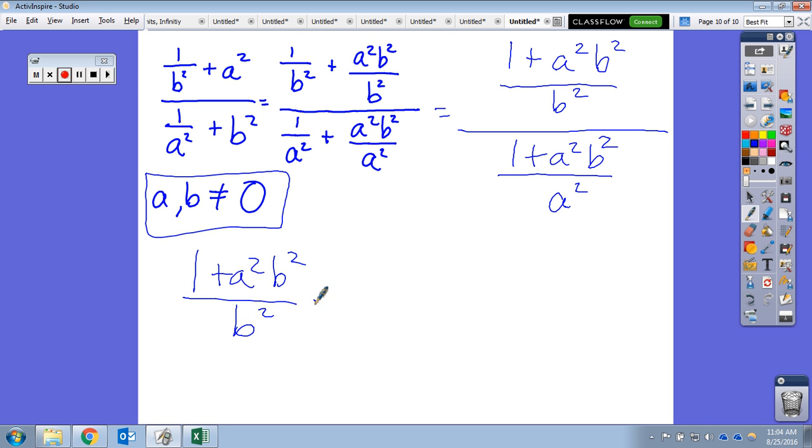Let's make it multiplication. So we're going to multiply by the reciprocal. And that is quite lovely because what goes on here? A squared over b squared.